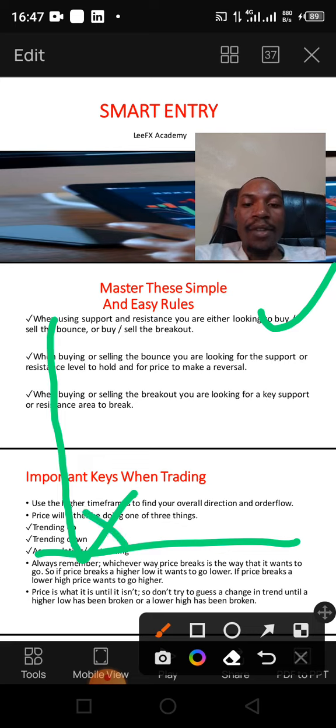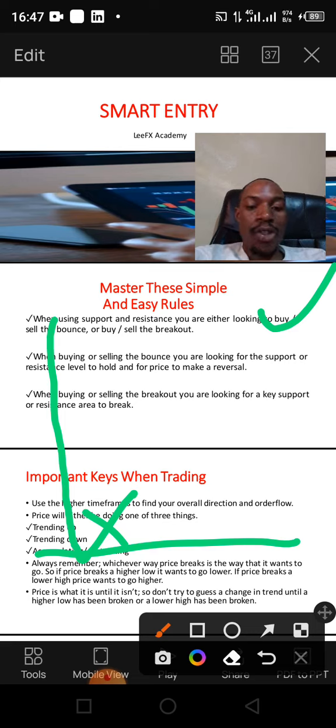You buy the bounce. That is the first rule. When the price comes, hits, bounces, then you enter buy.